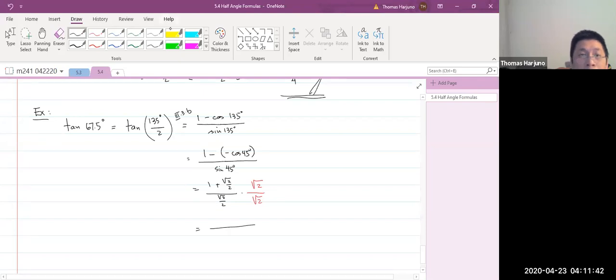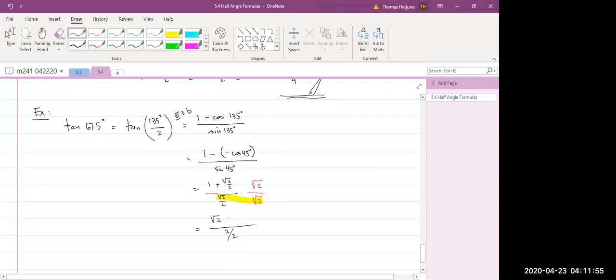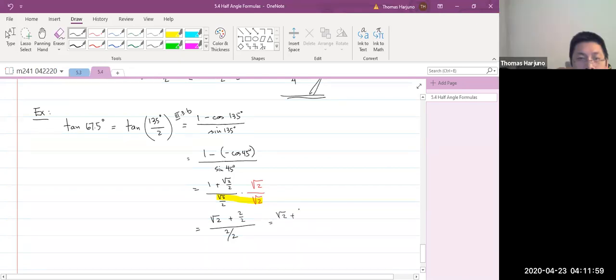I have radical 2 times radical 2, which is 2, but still divided by 2, right? So that's radical 2 plus 1 over 1. That's radical 2 plus 1.